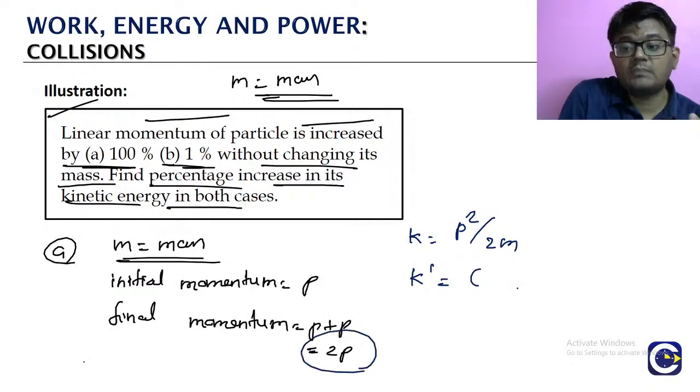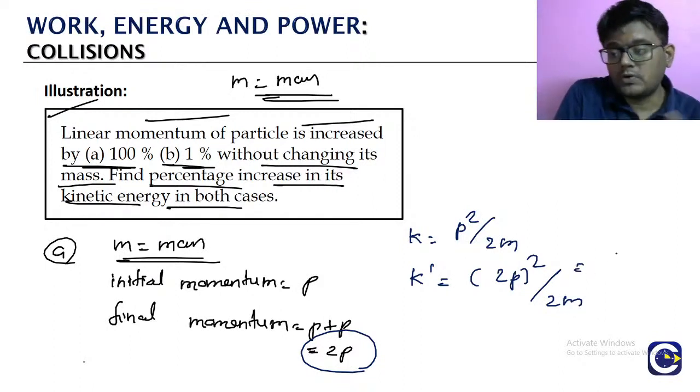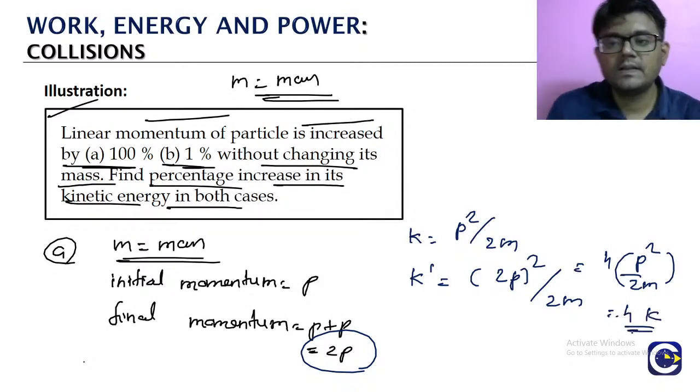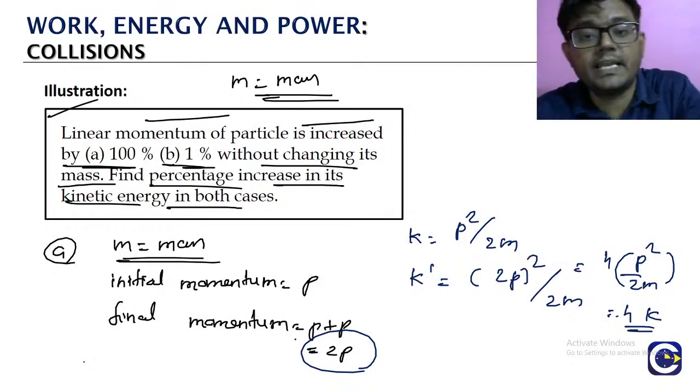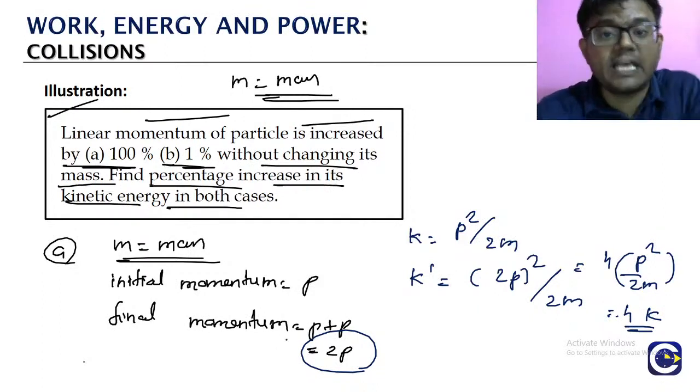What is the final momentum? 2P, divided by 2m. Mass is not changing. 2 square means 4. So it will be 4 times P square by 2m. So initial kinetic energy is K, means what is the final kinetic energy? K dash. It is 4 times of K.